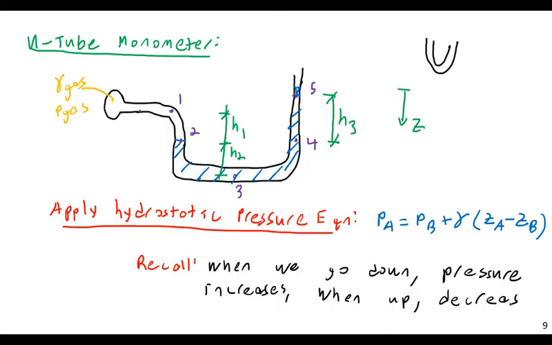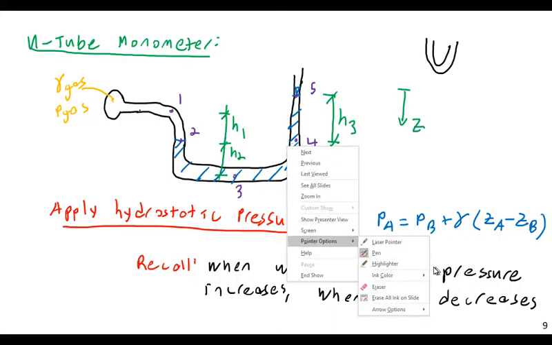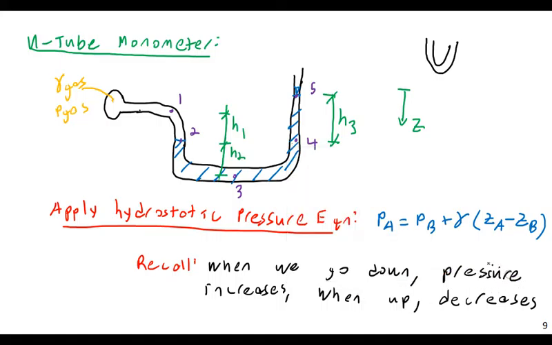So I'm going to use that to keep my bearings as I'm working through these equations. And we need one more component, and I'm going to call it gamma GF, which will be the gamma of the gauge fluid. GF stands for gauge fluid.